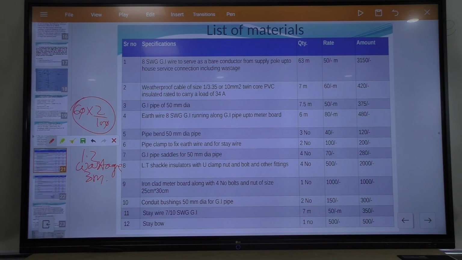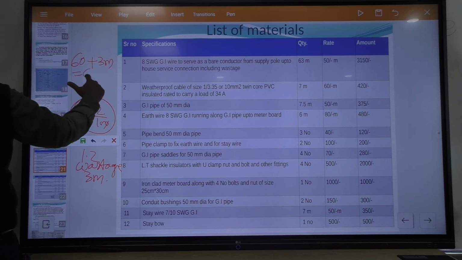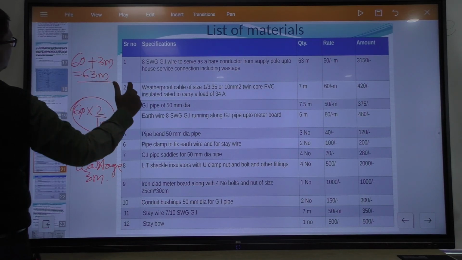So the total for 8 SWG earthwire will be 60 plus 3 meter, that is equal to 63 meter.